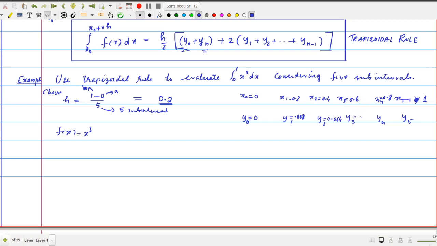The cube of 0.4 is 0.064, the cube of 0.6 is 0.216, the cube of 0.8 is 0.512, and the cube of 1 is 1.